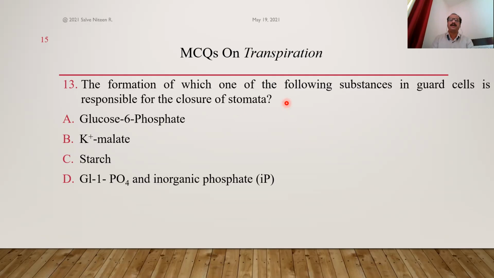According to both of these hypotheses, the substance responsible for the closure of stomata is starch, because starch is an insoluble substance, and when it is formed, it decreases the osmotic concentration of the cell sap of the guard cell, and by subsequent events the stomata become closed during nighttime or in acidic pH. So the answer here is starch, C.